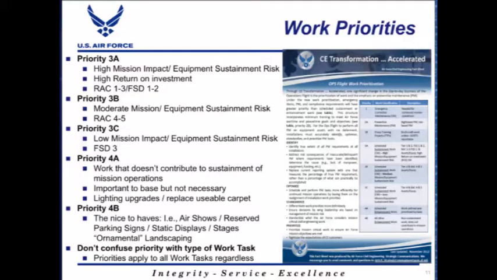If you feel that that is something that should be elevated, then I urge you to contact your wing safety folks and have them come over and evaluate it and assign a risk assessment code. If they assign a risk assessment code of 1 to 3, that automatically elevates to priority 3A. A priority 3B would include a RAC of 4 to 5, and priority 3C would be there's no risk assessment code.